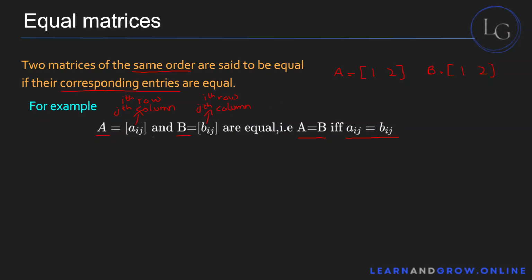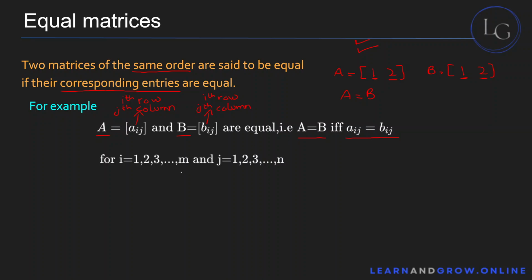But to justify this explanation we made, this element of A is the element in the first row and first column of A, and this is in the first row and first column of B. They are both equal, so we've ticked that one. And the second element of A, 2, is in the first row, second column of A, and the second element of B here is in the first row and second column of B. They are both also equal, so we have also ticked that, and hence A is equal to B. That's about it really.